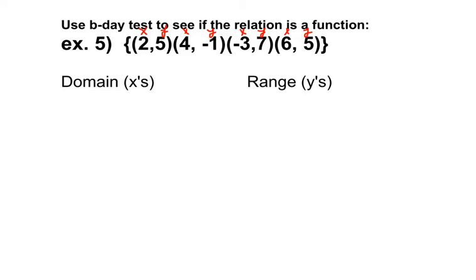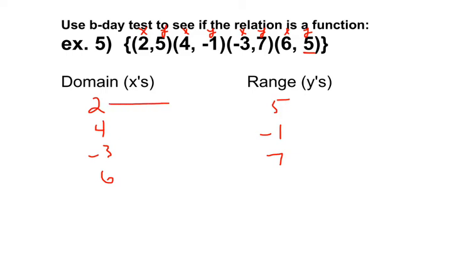Remember not to repeat any values. Our domain is 2, 4, -3, and 6. Now let's list our range. Our range is 5, -1, 7, and then 5 is listed again. Do not list it a second time. You only want to list it just the one time. Once it's on the list, it's covered.